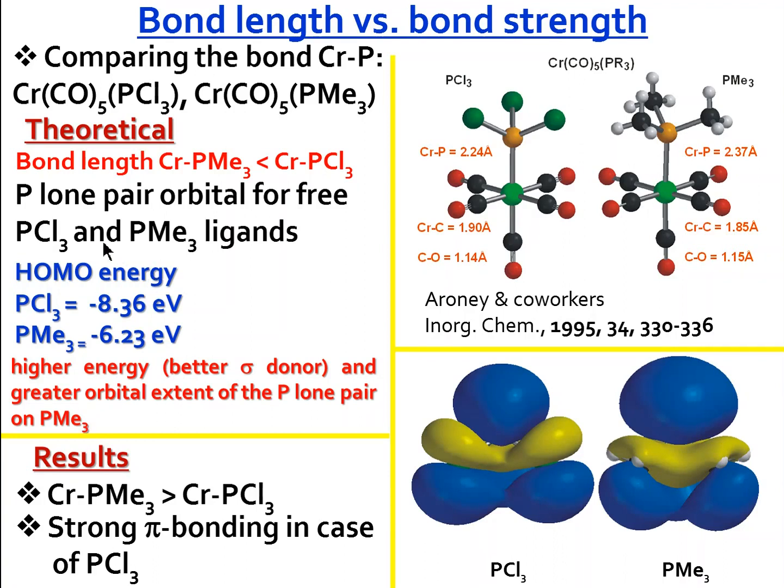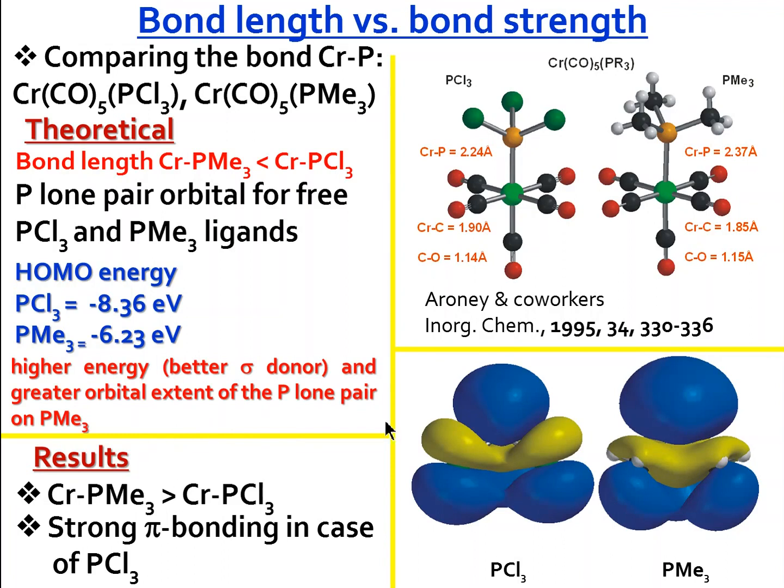This DFT calculation proved that the highest occupied molecular orbital in case of PCl3 equals minus 8.36 electron volt, and in case of PMe3 minus 6.23 electron volt. That means in PMe3 we have a higher energy orbital, so it's a better sigma donor and therefore has a greater orbital extent of the P lone pair on PMe3.